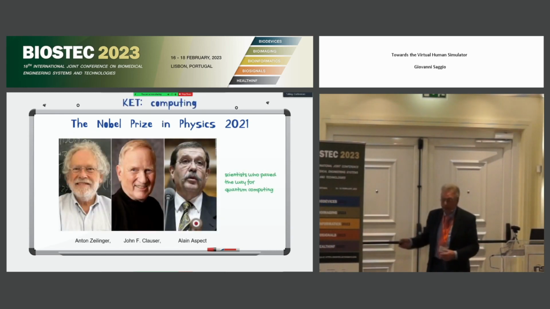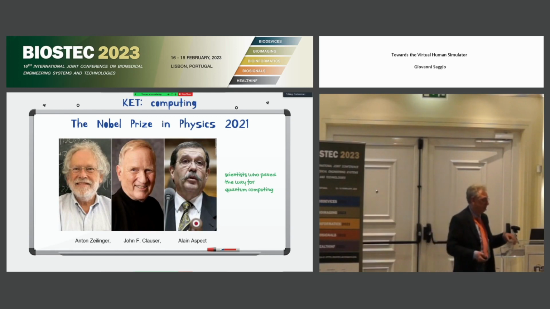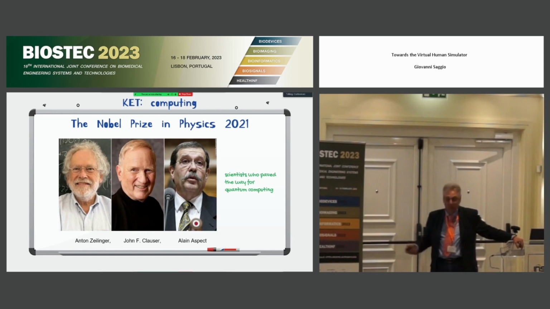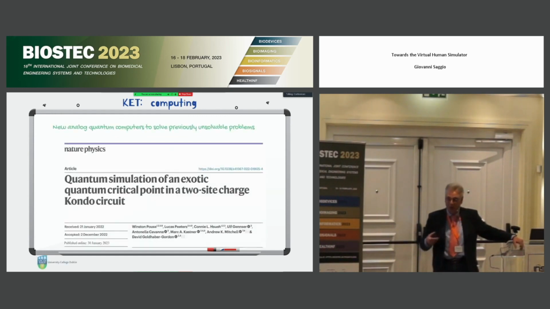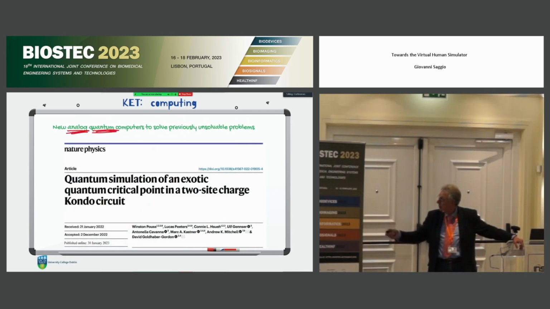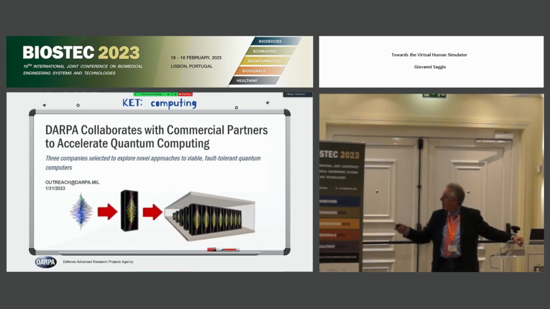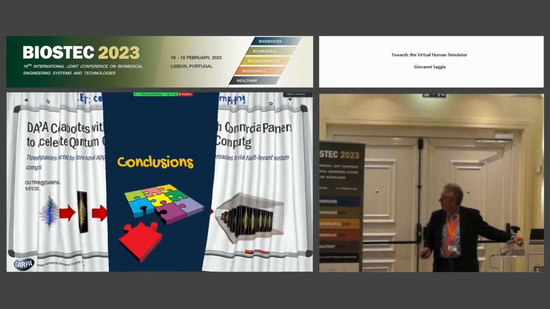And the other Nobel Prize winners say that we can realize quantum computing, and quantum computing allows us to treat a large amount of data. And quantum computing is related to analog, not digital. That is interesting for me because I love analog electronics more than digital. This computing is the DARPA quantum computing.